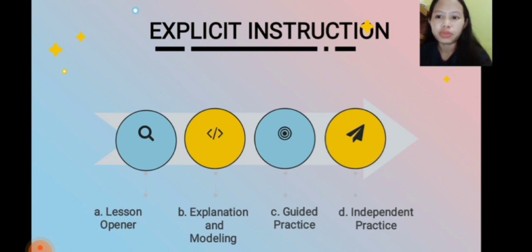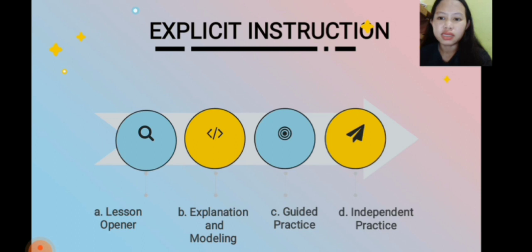So second, we have explanation and modeling. If you remember, in designing a lesson plan, the lesson opener is actually the activity. Then the explanation and modeling is the abstraction or application.